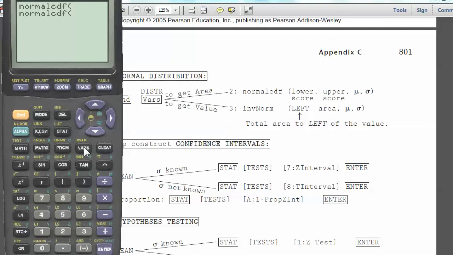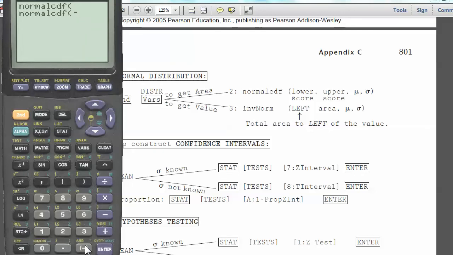Okay, we need to put in the lower value. Since we're going anything less than 174, or in other words, anything less than seven hundredths, it's going to be just extremely left. The way that we create that effect in the calculator is we use the negative symbol, not the minus sign, and then go really small.